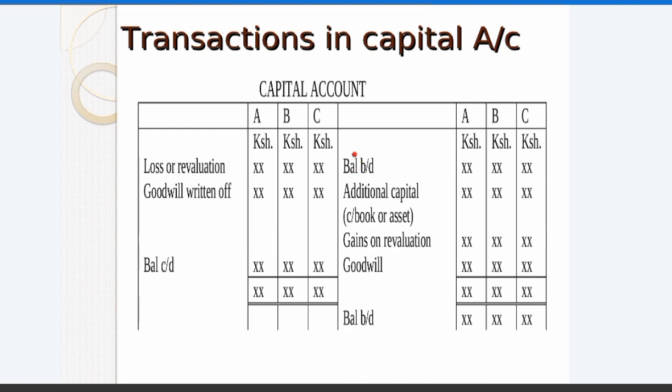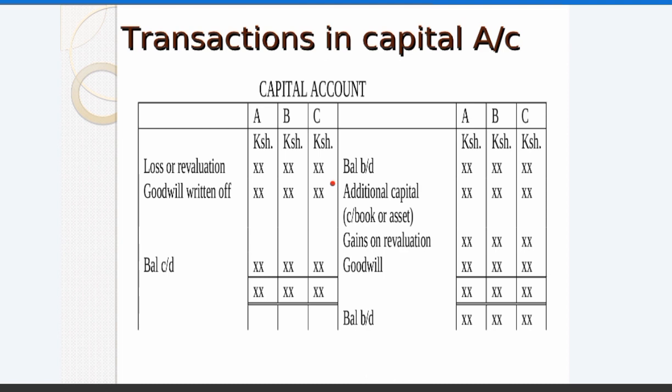So we have the balances brought down, and these are the balances of the capital contributions. So assuming you have three partners in this partnership, I call them A, B, C. So you have the capital of partner A, the capital of partner B, and the capital of partner C. So that is the opening balances of the capitals.